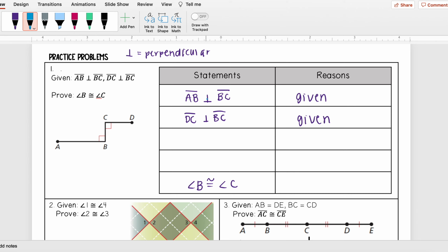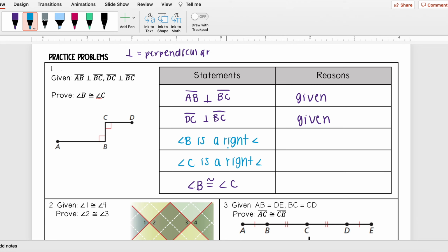So what I can say, since they are perpendicular, is that angle B is a right angle, and angle C is a right angle. And again, that's marked in my diagram also here.